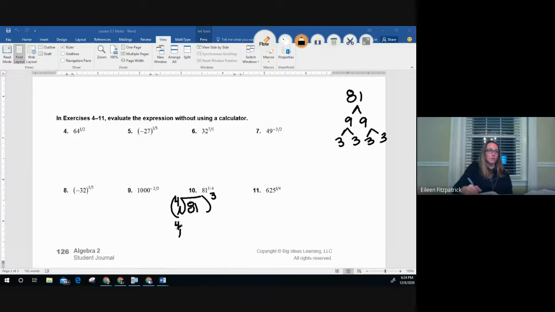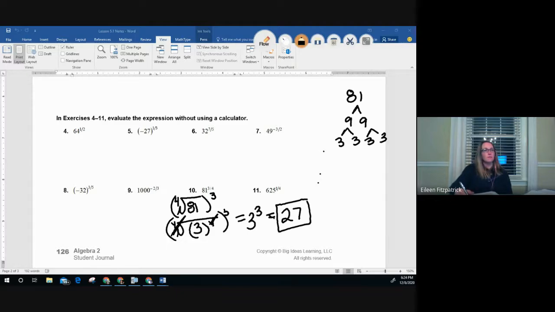I can rewrite the fourth root of 81 as, let me try this again, the fourth root of 3 raised to the fourth, cubed. So the fourth root and the exponent of 4 cancel, and you're left with 3 to the third. And 3 to the third is 27.